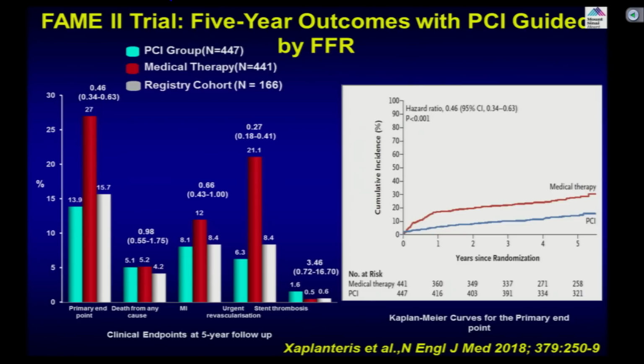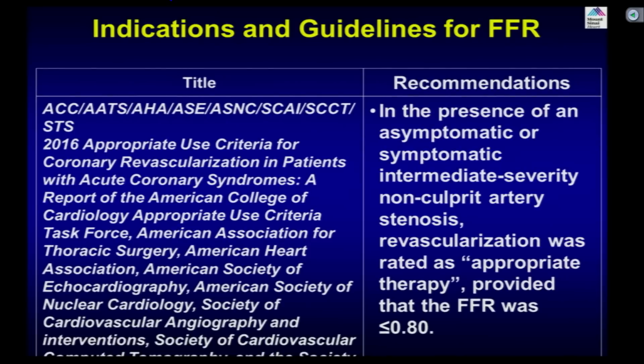So clearly these are the two facts which we know, and also we know this is FAME 2. FAME 1 showed that FFR-guided PCI reduces MI, TVR, cost, stent use, dye use, and overall MACE. So FFR is beneficial in multivessel disease patients.